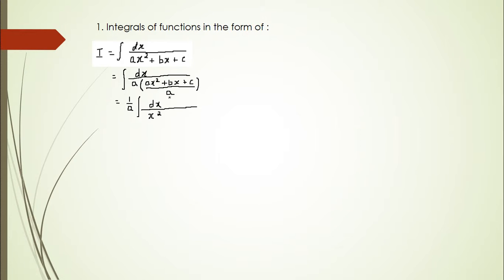Next I have bx by a, so that gives me b by a into x plus c by a. Right? So we have achieved our first step, where now we have made the coefficient of x square as 1.